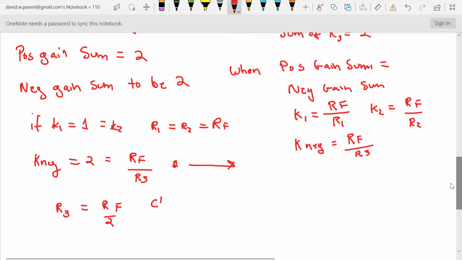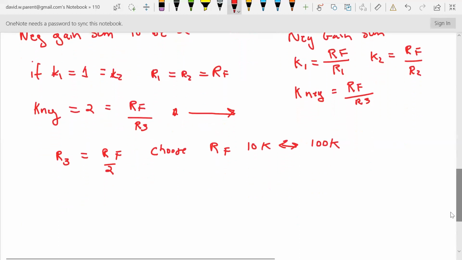So choose RF, 10K to 100K. I'll choose 100K.